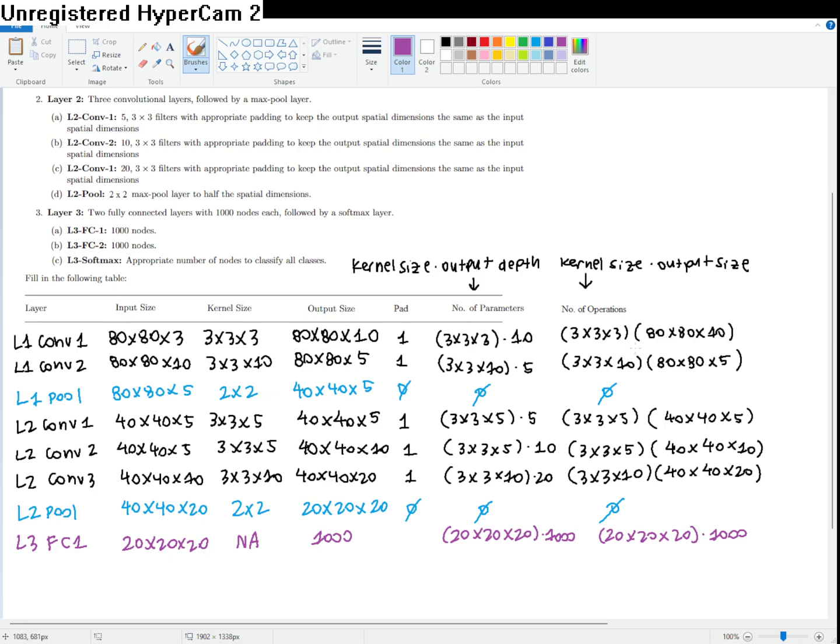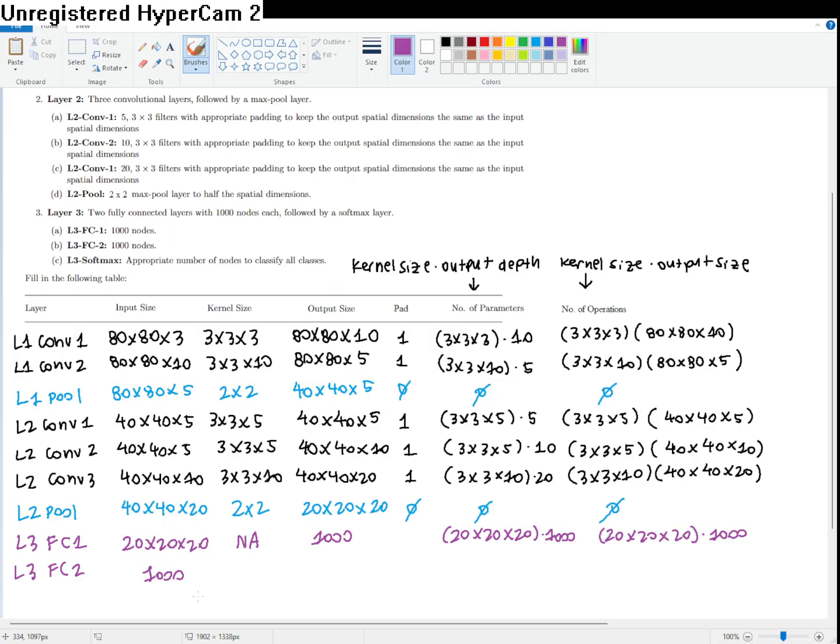Okay, well, right here we have the second fully connected layer, it's going to have 1,000 as the input. And before I continue, this fully connected layer is sort of finalizing.